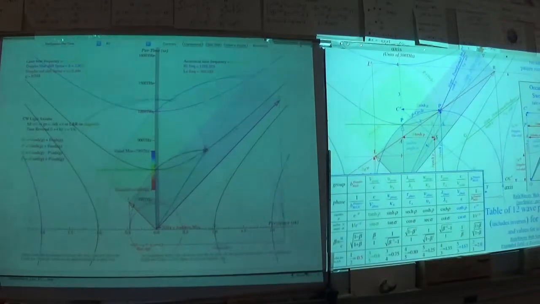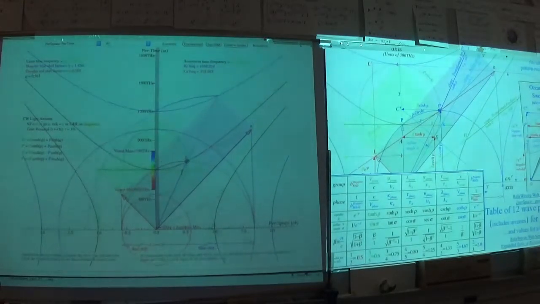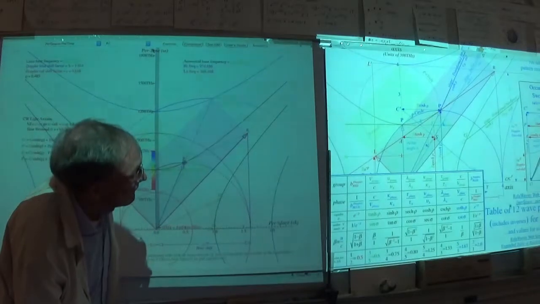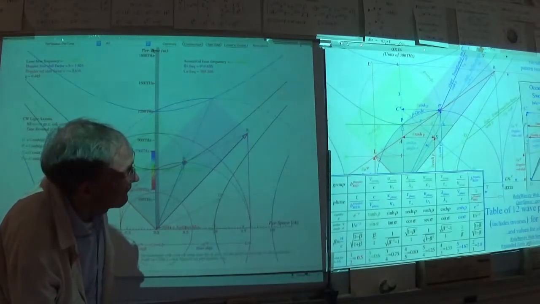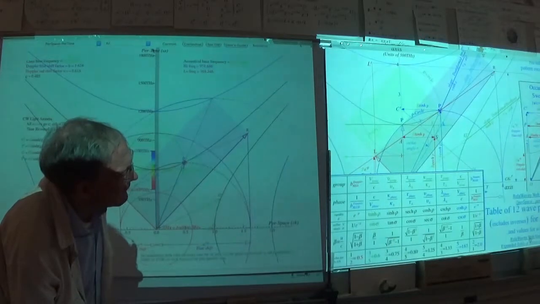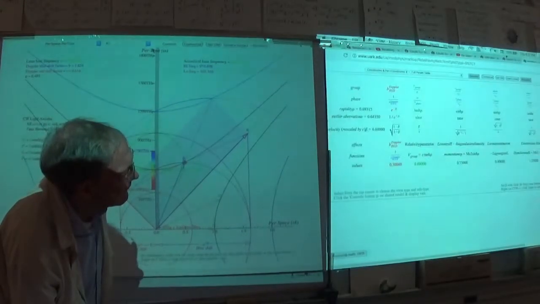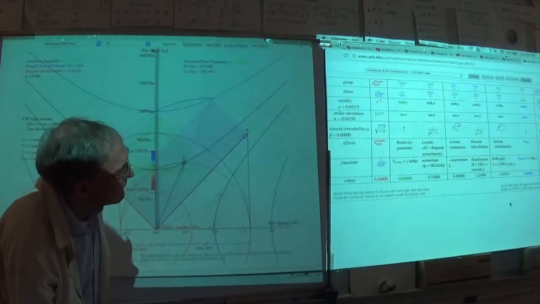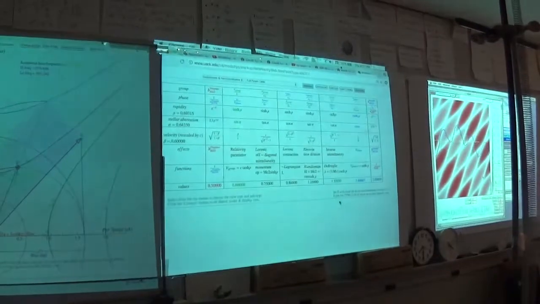This is not too different from what we just looked at, except it doesn't have the Minkowski turned on, but you can see the angles that we've talked about already. I'll go ahead on this one. I think this is the one that has that. This one also has a table to go with it. Let the thing settle down there a minute. Okay.